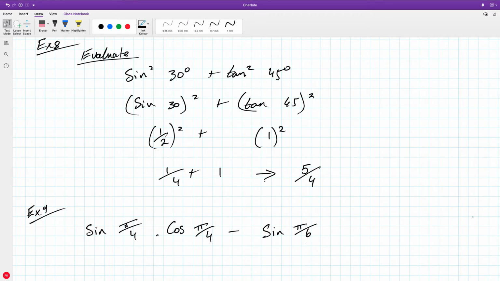If you're putting those figures into the calculator, you must change it to rads. Anytime you start seeing pi over 4 and cos and sine of pi over 6, you must change your calculator to rad mode. Anyone who doesn't know that, give me a little shout.